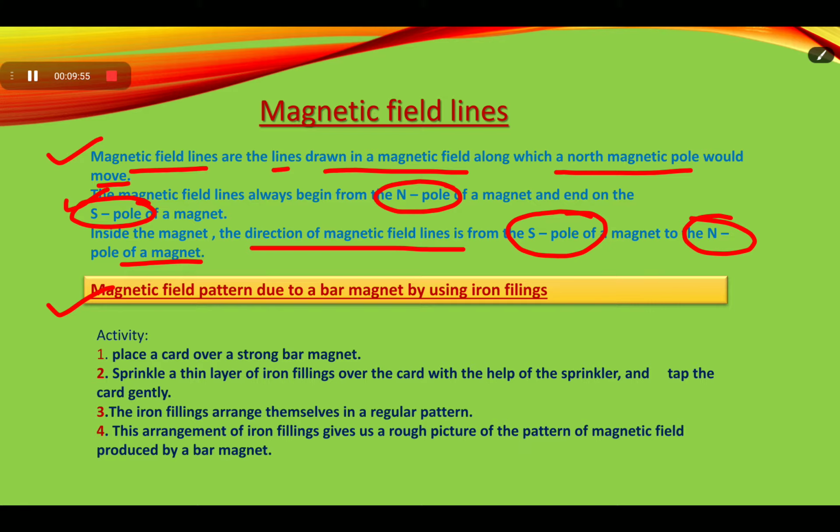using the iron filings. So, in the activity, the first step is that we have to take a card, and we have to place that card over a strong bar magnet.